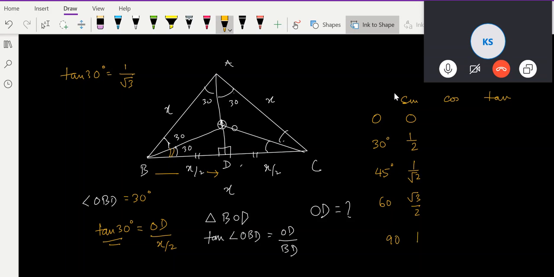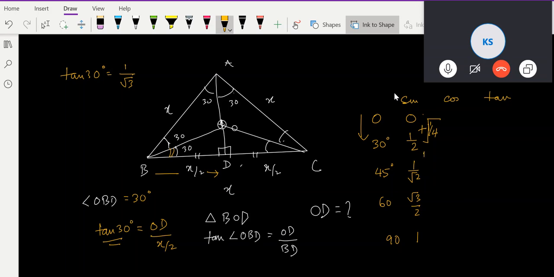Now the simple way of remembering this is, when you're going from 0 to 30, just add 1/4 and take the square root. If I add 1/4 to 0, it becomes 1/4, and when I take the square root, it becomes half, right?